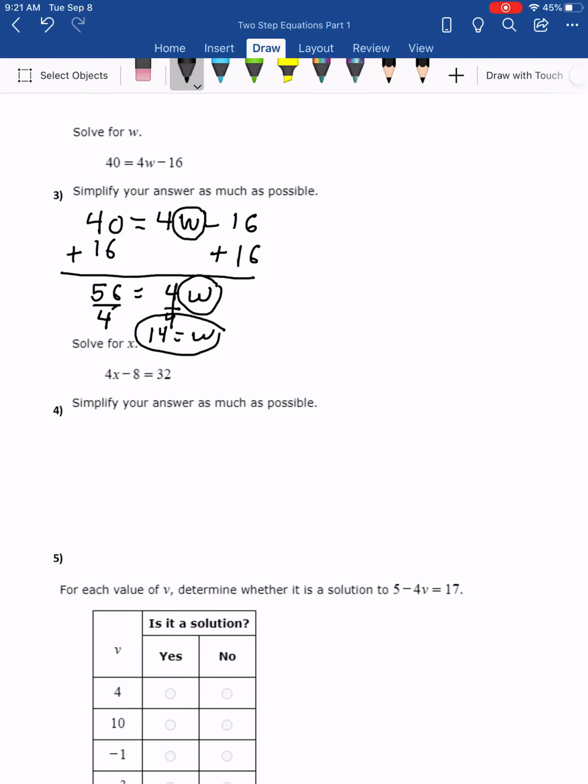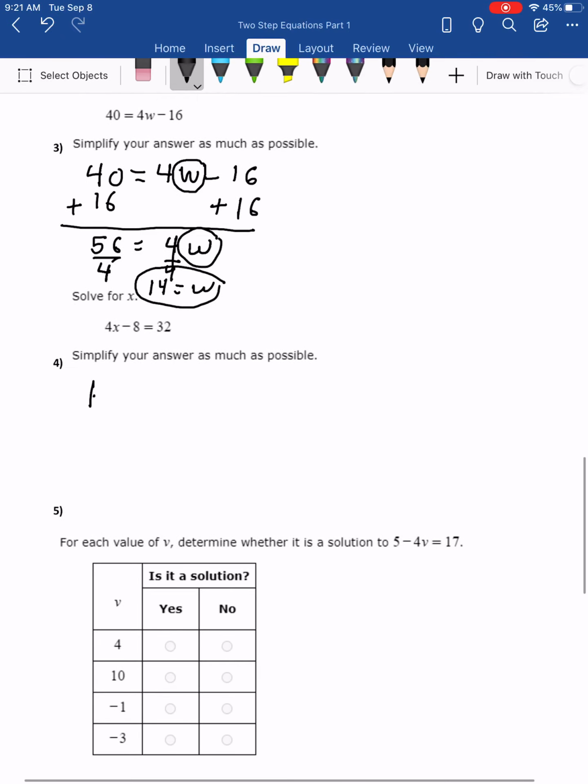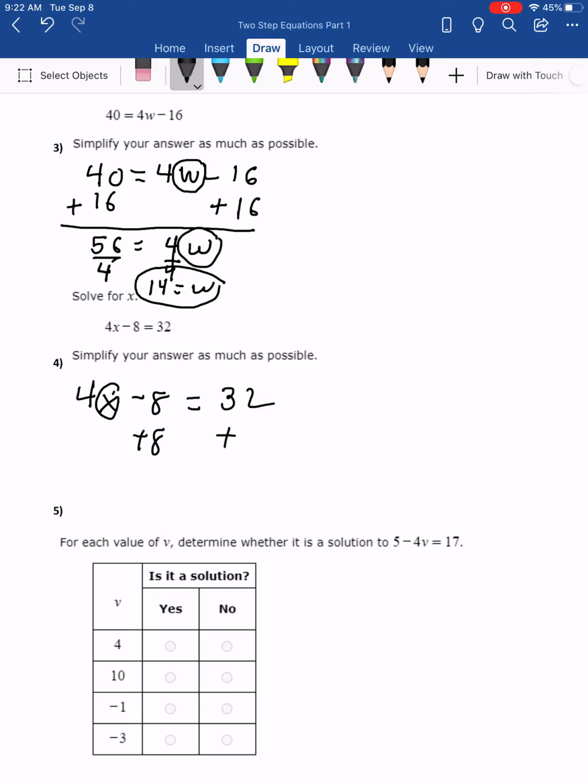All right, number 4, 4x minus 8 equals 32. Again, I'm going to put a circle around my variable. Addition or subtraction comes first. Well, what can I add or subtract to both sides? I can add 8 to both sides because we have a subtract 8 with the variable.